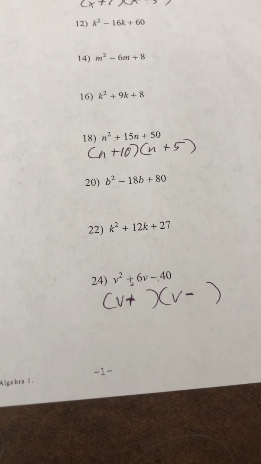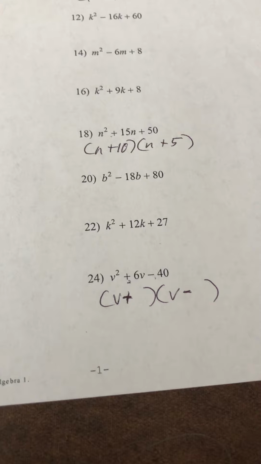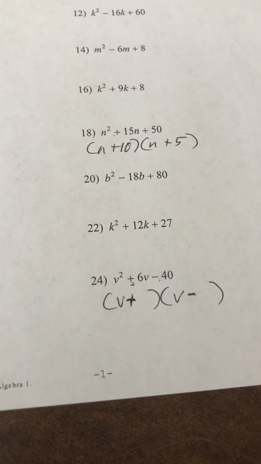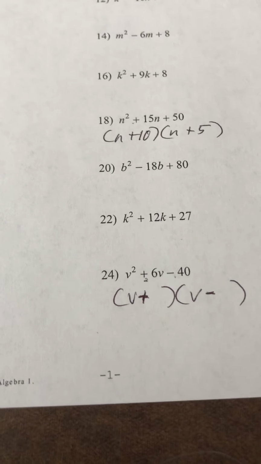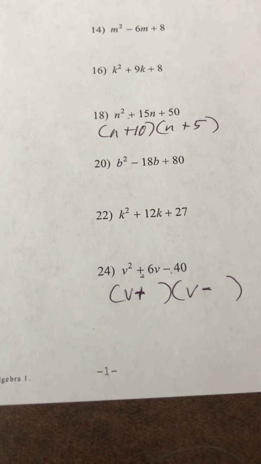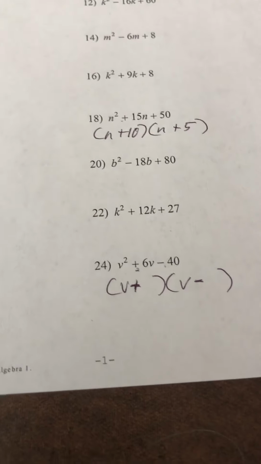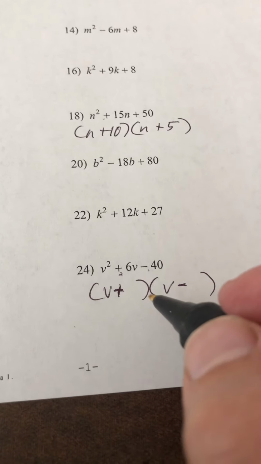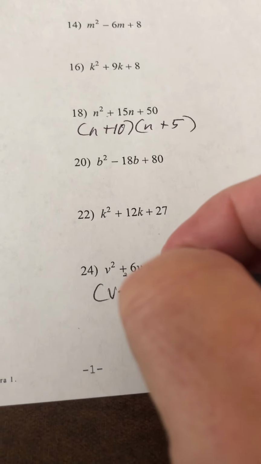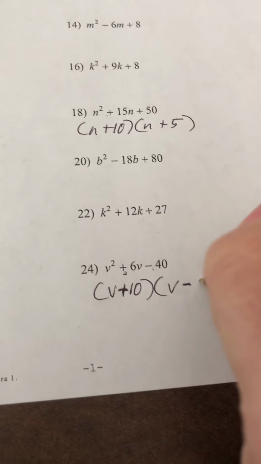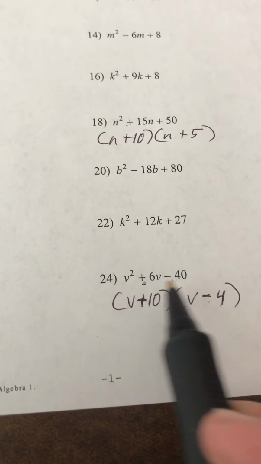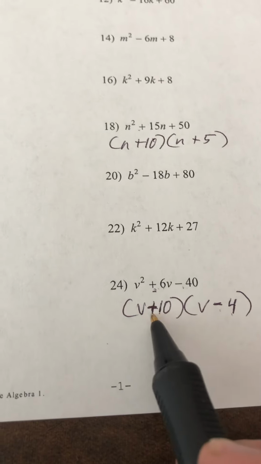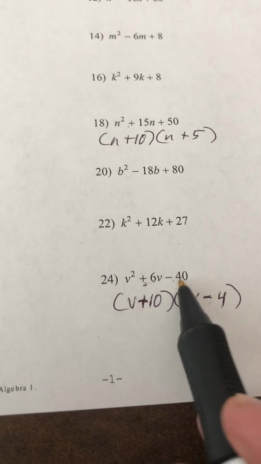We've got to go with a 6. So I wonder what... 15, no, 15 doesn't work. Oh, 10. Let's go 10 and 4. This is a positive 10 minus 4, which gives me a positive 6. Positive 10 times negative 4 gives me a negative 40.